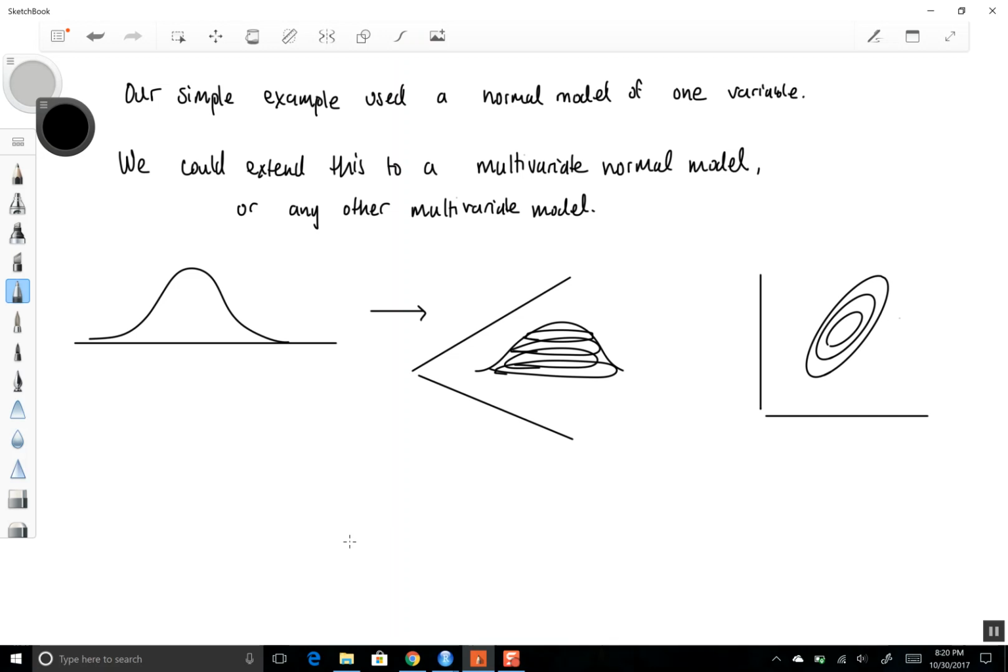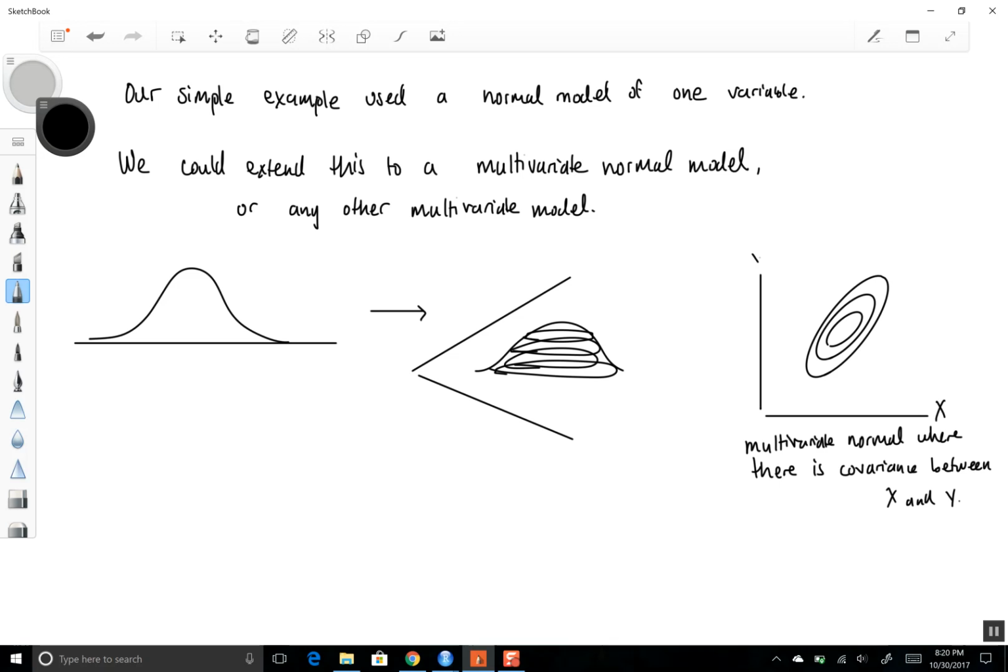As x increases, y is also expected to increase. So this is a multivariate normal where there is covariance between x and y, or x1 and x2.